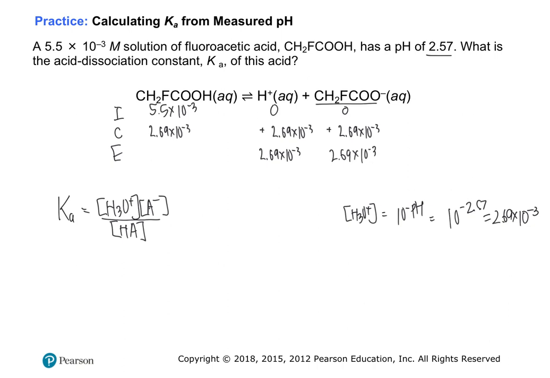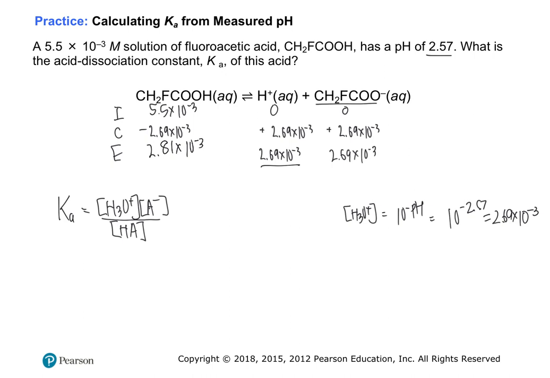And you may be wondering, can I make the assumption here? I'm going to assume not, because that's pretty close to my initial amount, but it doesn't matter because I can easily subtract that from my answer and get 2.81 times 10 to the negative third.